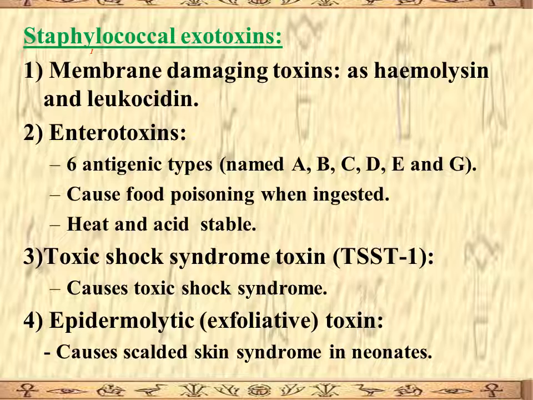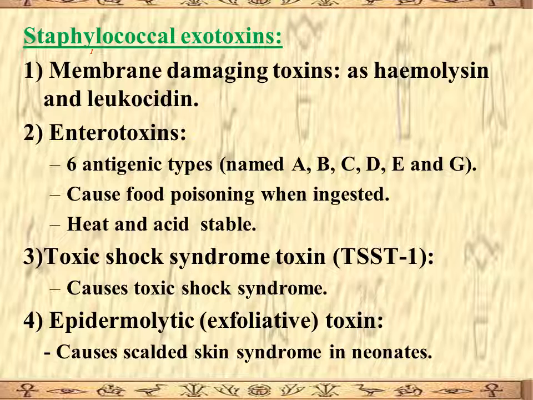We have 6 different enterotoxins which are produced by Staphylococcus aureus. Enterotoxin means that it is a toxin that acts on the GIT. The different types are named A, B, C, D, E, and G. They produce food poisoning. The criterion of these toxins is that they resist the effect of heat and acid.